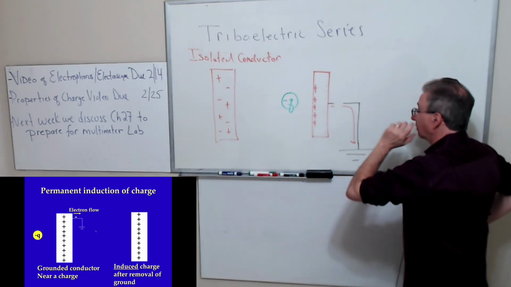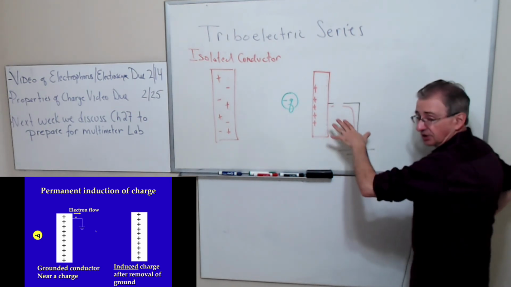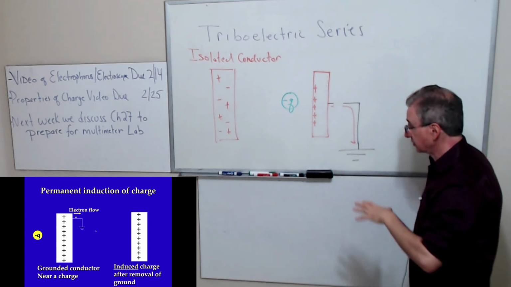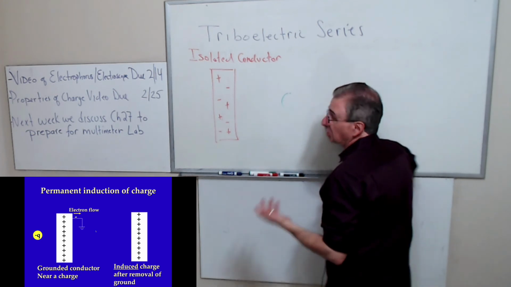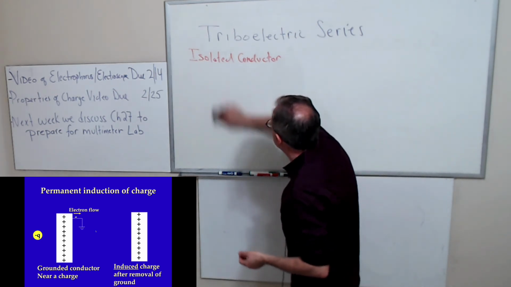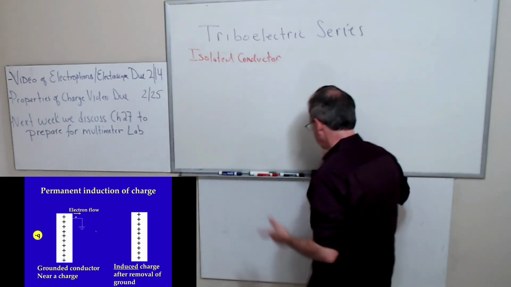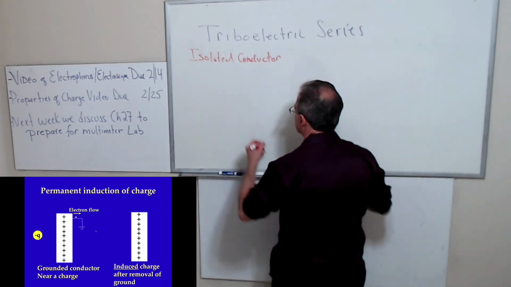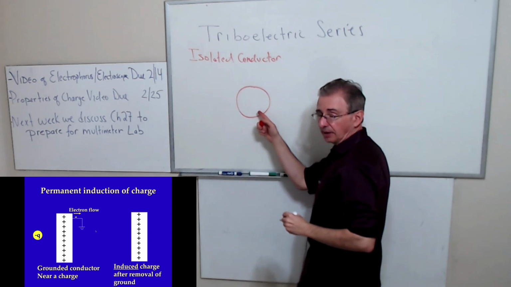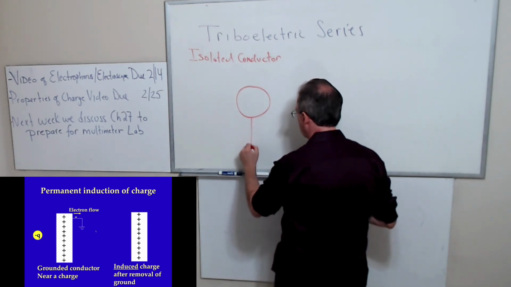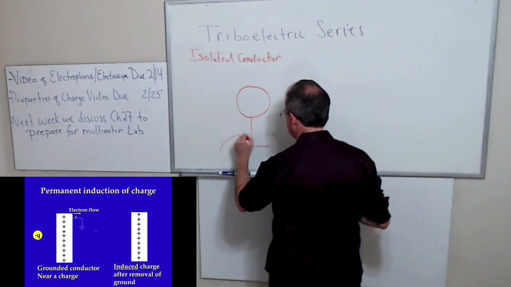Okay, so there's actually another way you can charge by induction. I'm going to show you that real quick. You don't have to even touch anything to ground in doing this. So let's say I have a conducting metal sphere with an insulator. So that's an insulator.